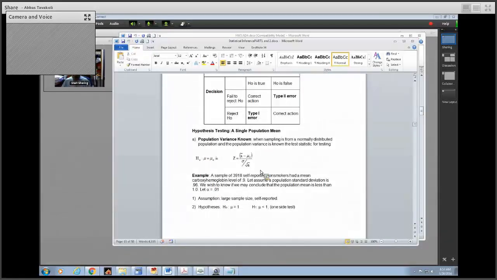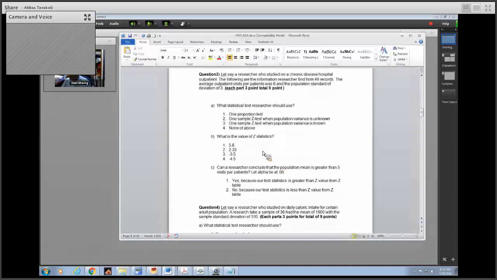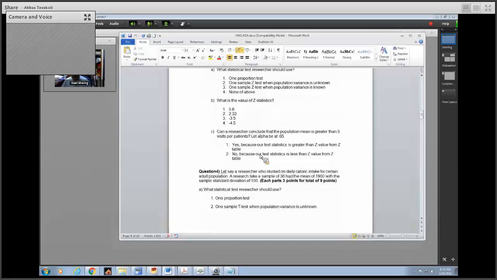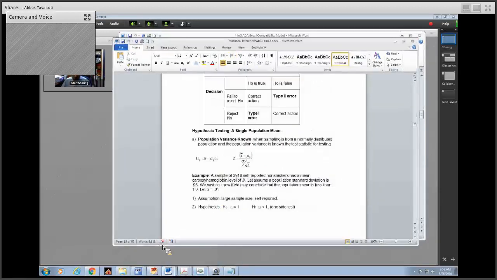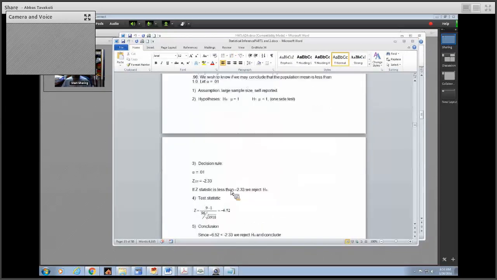Again, going back to look at your handout. So when you have one sample, and you know your population variance or standard deviation, then you're using the Z test, when population variance is known, on page 15 of your handout.